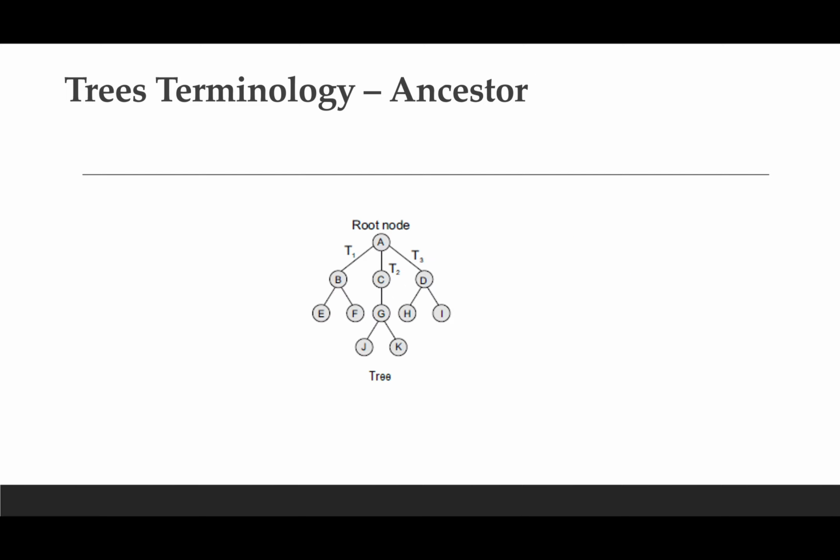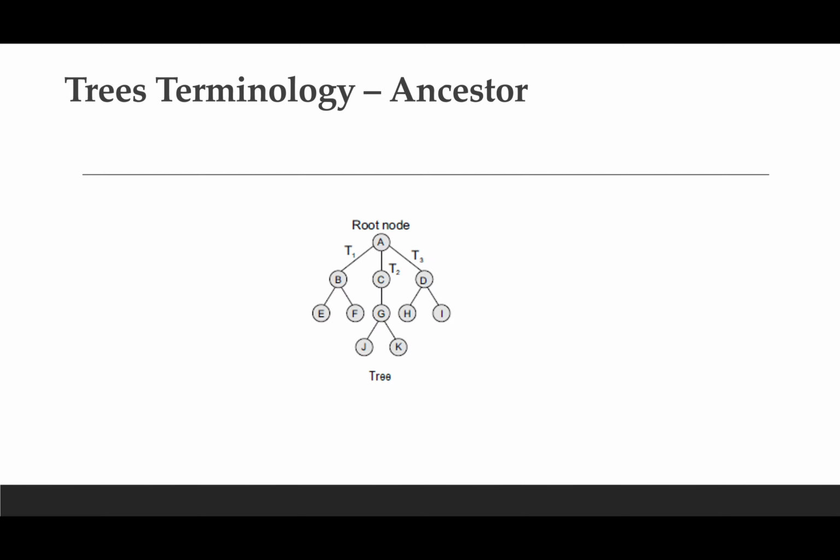The next one, ancestors. An ancestor of a node is any preceding node on the path from the root to that particular node. So the root node doesn't have any ancestors.